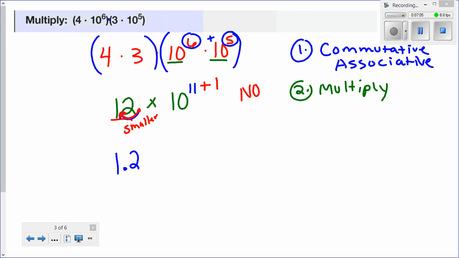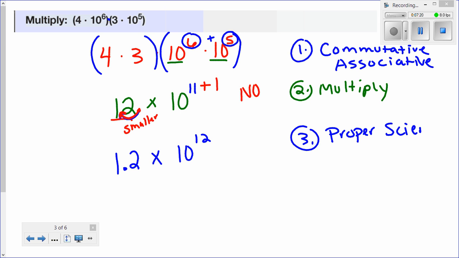So our decimal moved once, so that means our exponent is going to increase one time. So 1.2 times 10 to the 12th power. Okay, proper scientific notation.